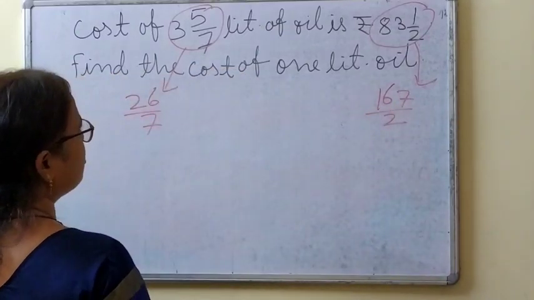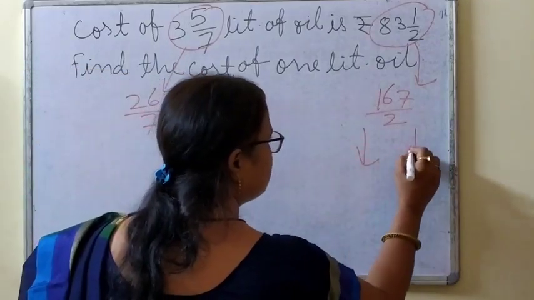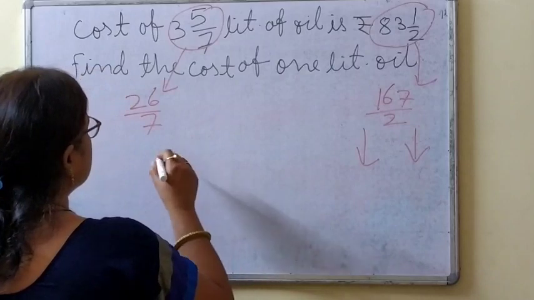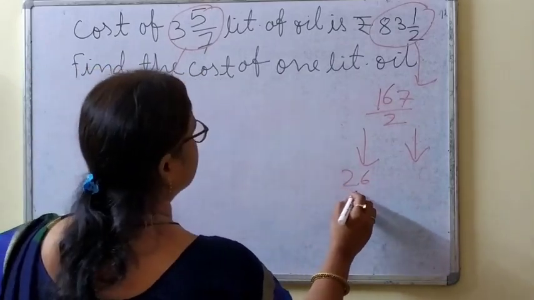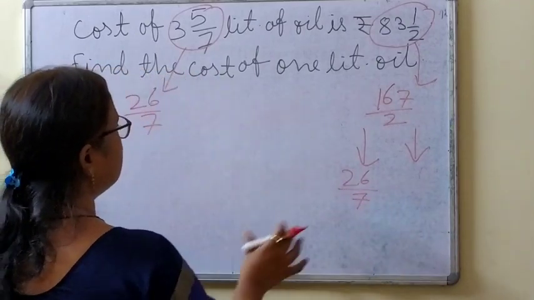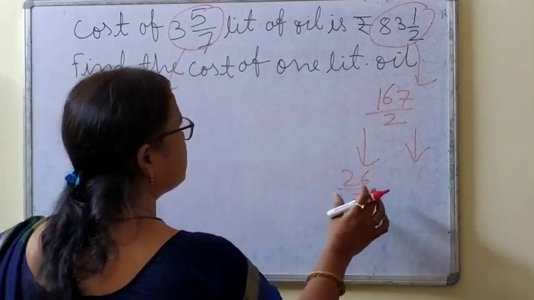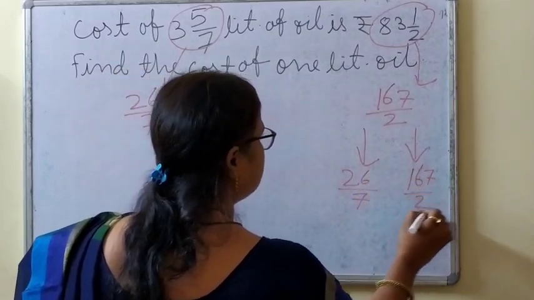We have to find out the cost of 1 liter of oil. So arrow method, this is based on the arrow method. So the cost of 26 by 7 liter of oil is 167 by 2.